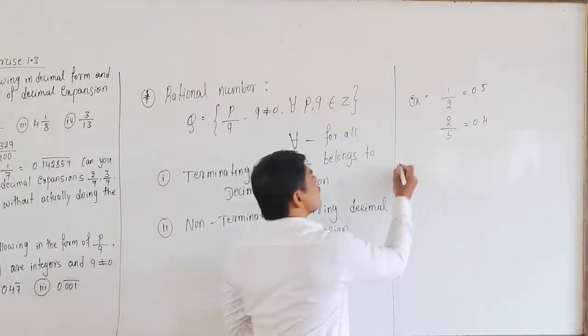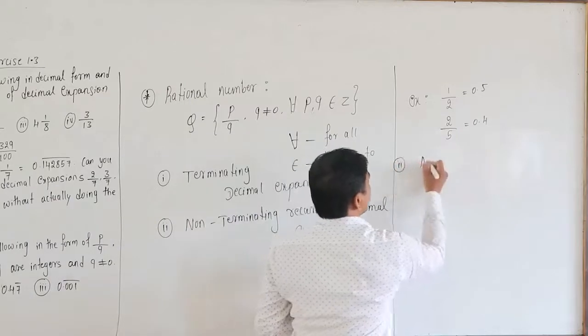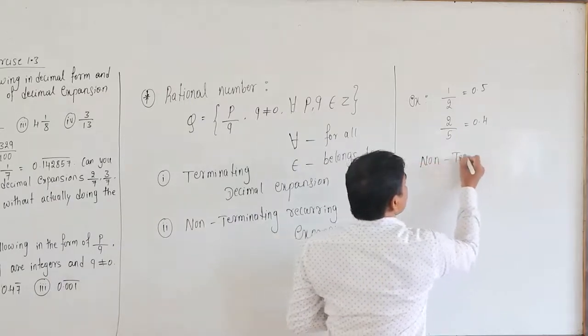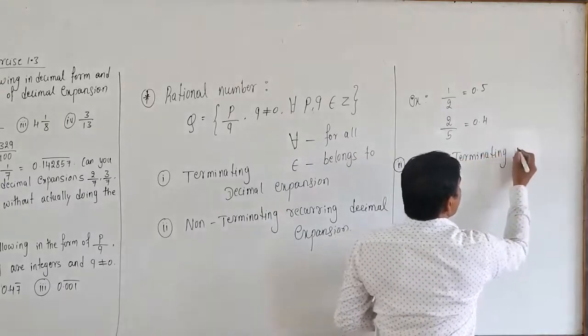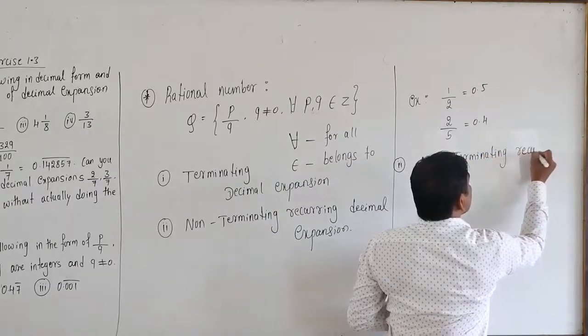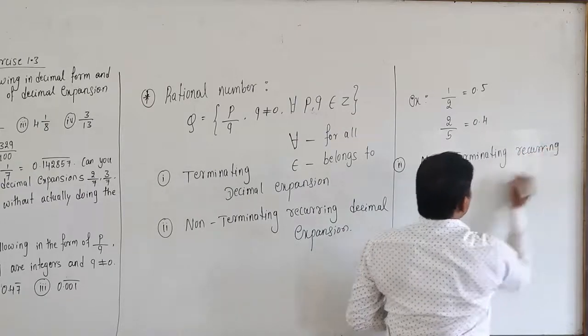And the next one is non-terminating recurring decimal expansion.